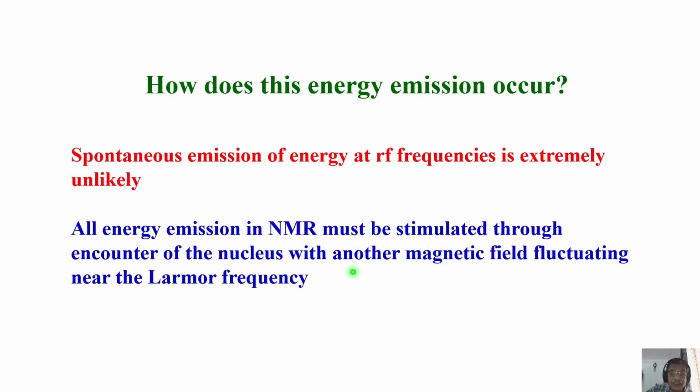So this fluctuation frequency is at the Larmor frequency, because it has to match the energy separation of the spins. Then only can you make sure the transition in the lattice takes place. The spin energy is given to the lattice, so the lattice will go up. So it must match with the Larmor frequency. The fluctuating magnetic fields have to match with the Larmor frequency.